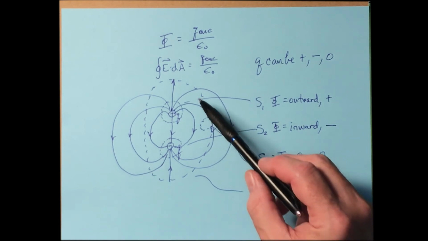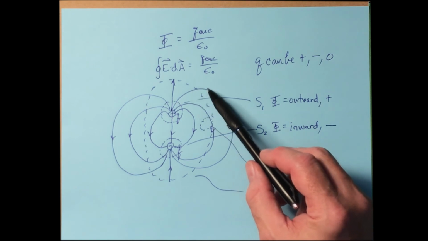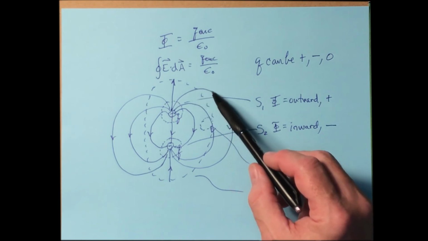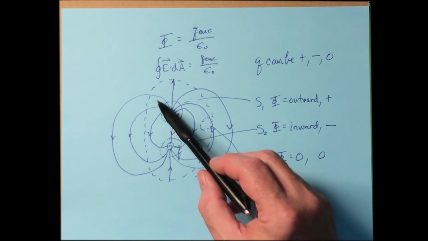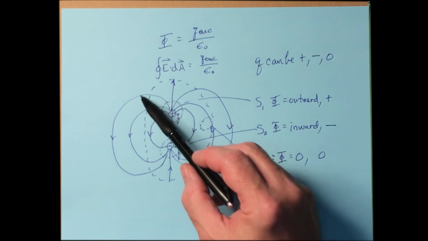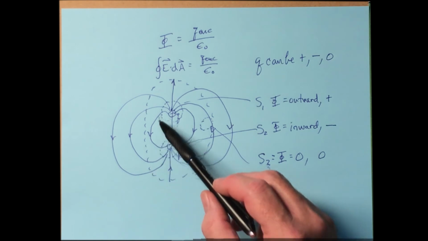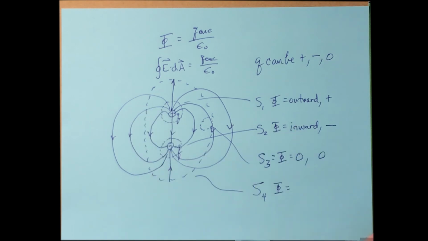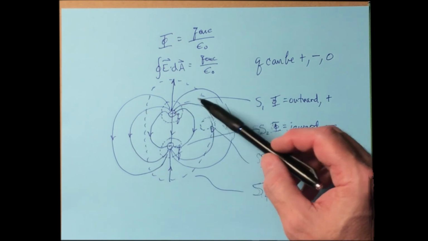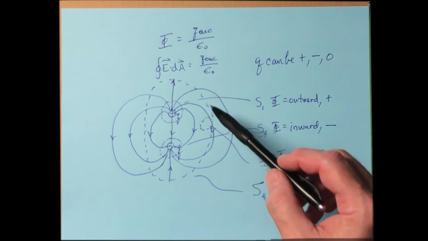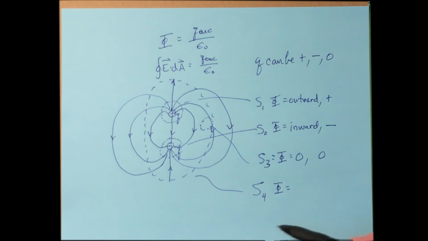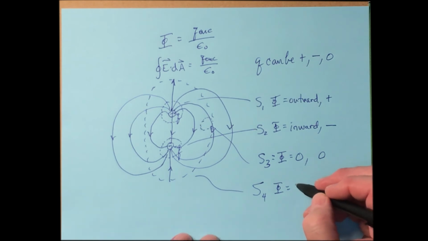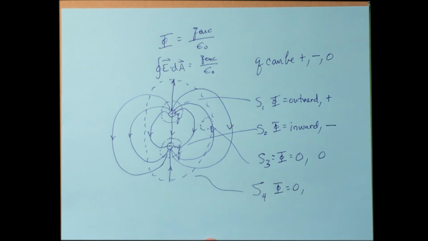Well, if you look at it here, the electric field lines that are going out up there are coming in down here. And that's true of every point on the surface. Going out, coming in, going out, coming in. In other words, the flux that happens to be positive going outward is equal to the amount of flux that's negative going inward. So what do you expect the total flux to be? 0.